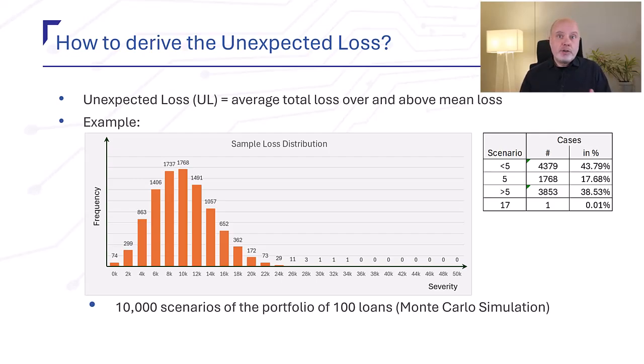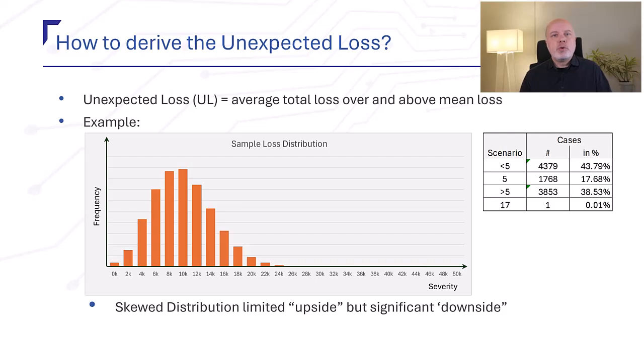Let's see how we can use this distribution and these observations to derive a theory around the estimated unexpected loss. So first, we draw a chart of the distribution, which we have done on the screen. This distribution shows a rather log normal or skewed distribution, because there's only a limited upside, namely situations in which 4, 3, 2, or 1 or no loan defaults.